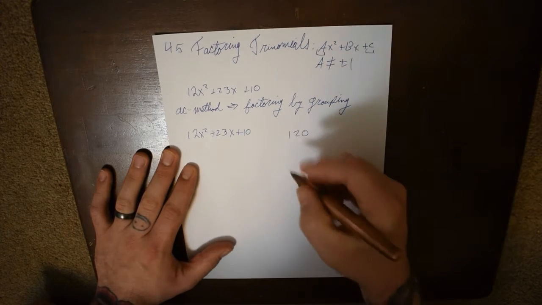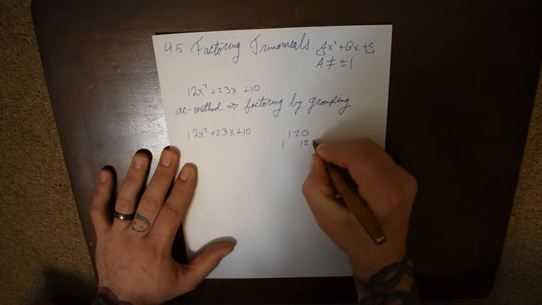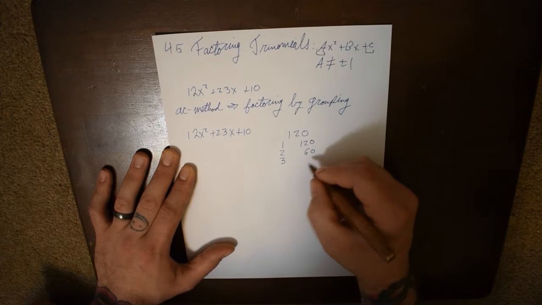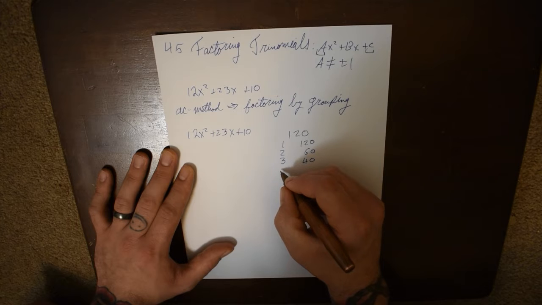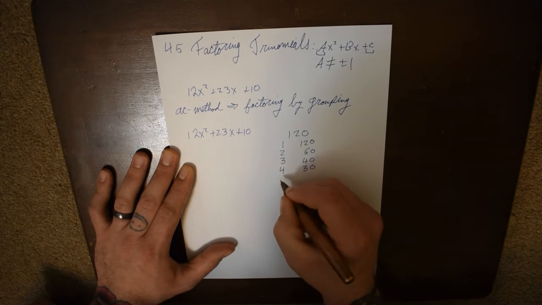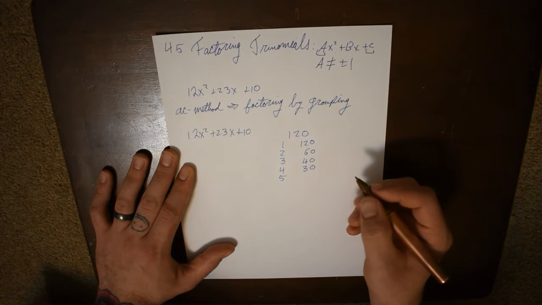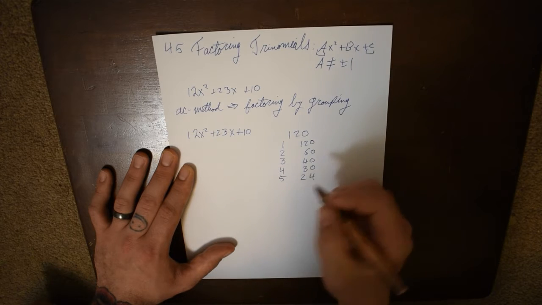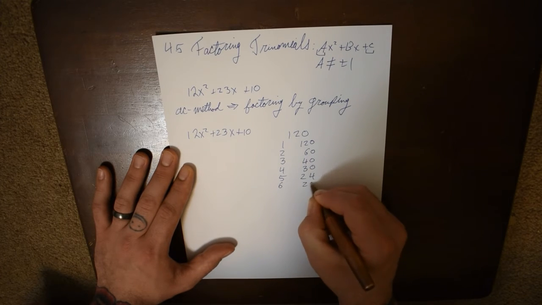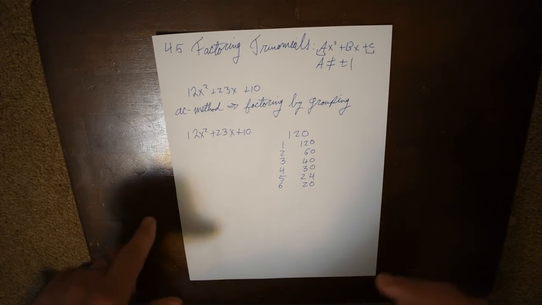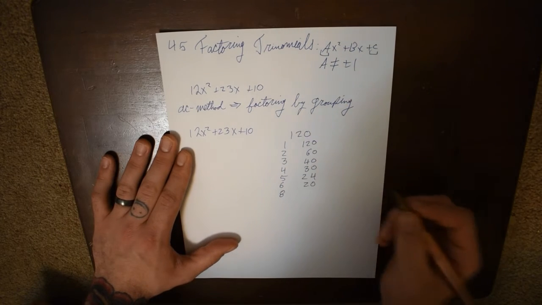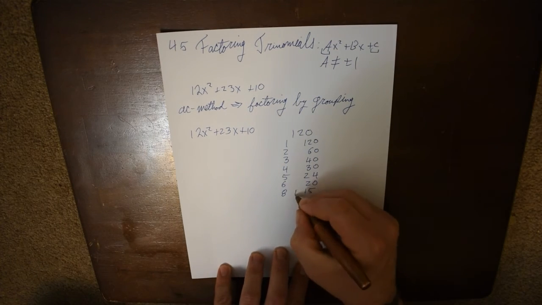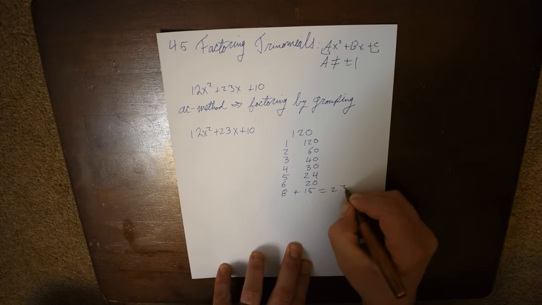So the factors of 120 are 1 and 120, 2 and 60, 3 and 40, 4 and 30, 5 and 24, we've got 6 and 20, 7 won't go, 8 won't go, 8 times 15, which when you add 8 and 15, that is equal to 23.